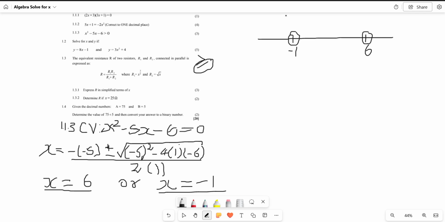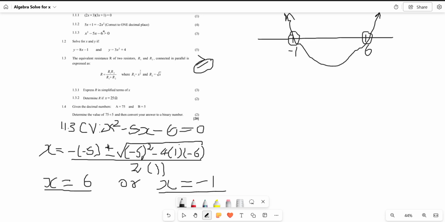Then we draw our parabola. After you have drawn your parabola, we must go and interpret this inequality.